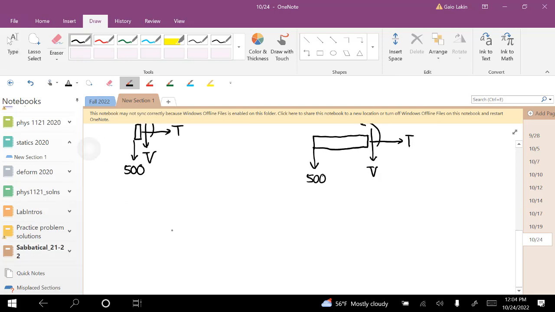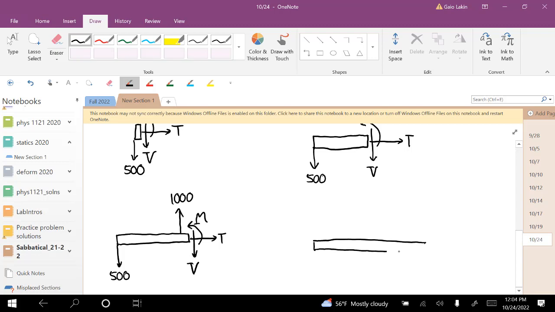And then there were the 2 other ones, the one that looked like this, and this.